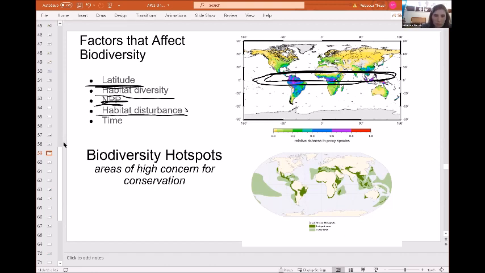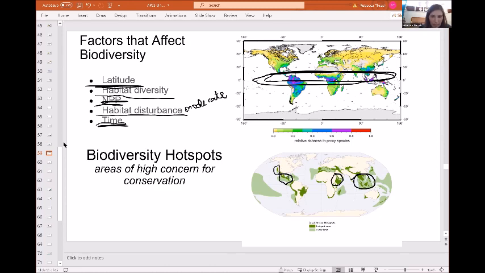There's been a moderate amount of disturbance. You don't want extreme habitat disturbance, but you also don't want it to never have experienced any type of disturbance before. And oftentimes our oldest terrestrial environments are the most diverse. Simply put, there's been more time for evolution to occur. So when we look at biodiversity hotspots, the equatorial ranges, like I said, are oftentimes very important.